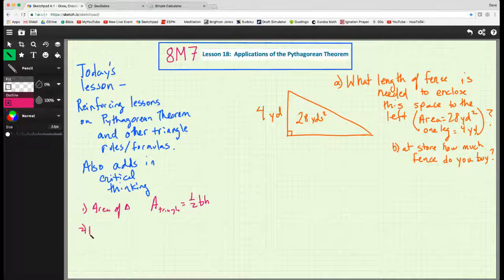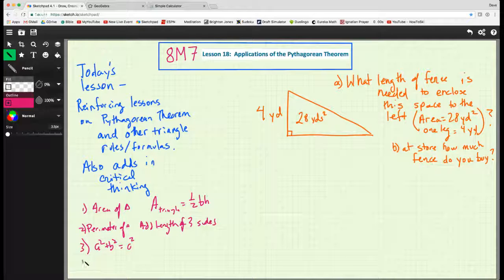You're going to need to know the perimeter of the triangle. That's just you add the length of the three sides. And the Pythagorean theorem: a squared plus b squared equals c squared.